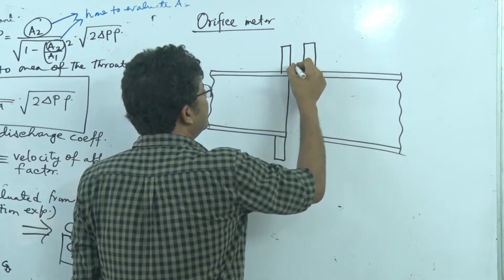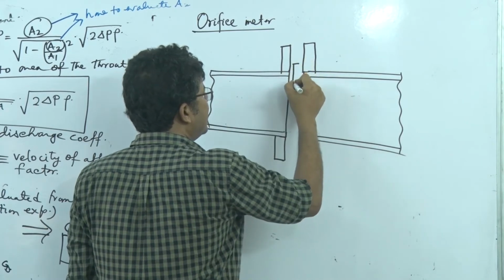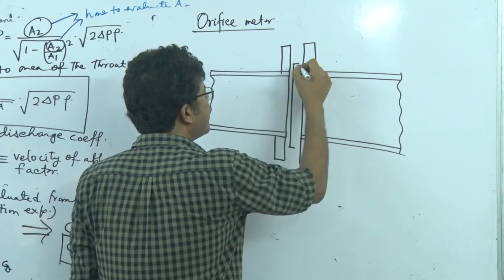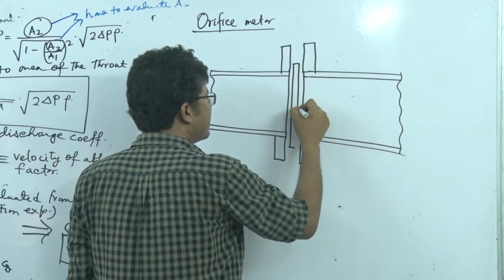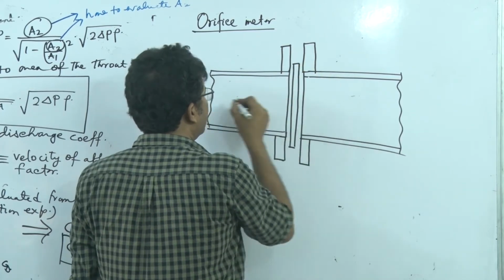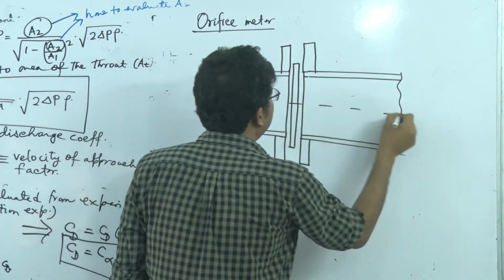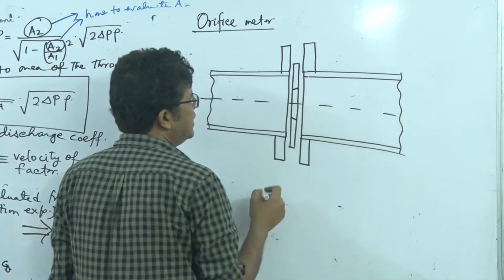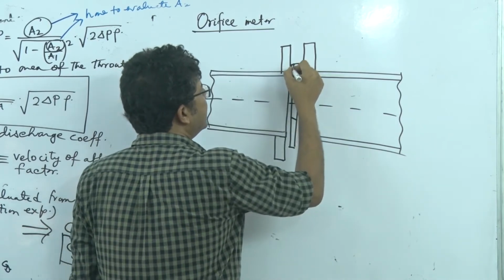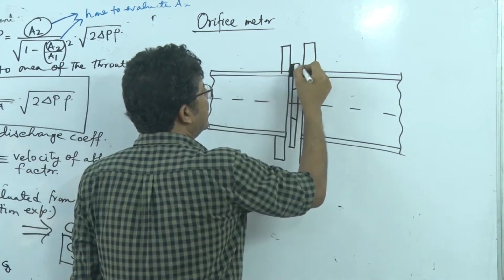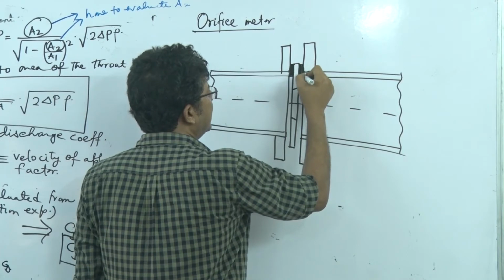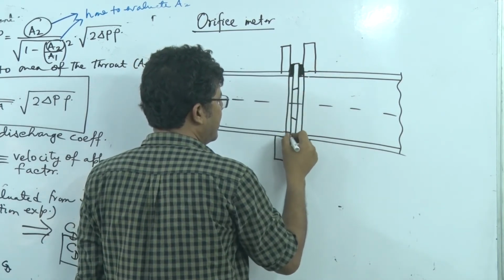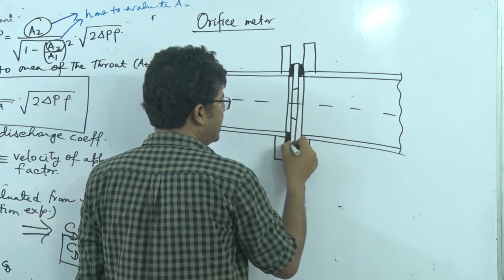And here we insert this orifice plate, and this is the center line, and generally the plate is beveled outward and we have the gaskets in order to make this entire assembly leak proof, right?